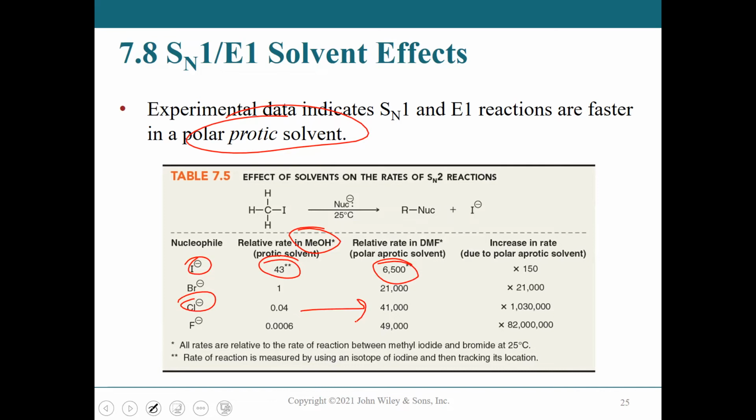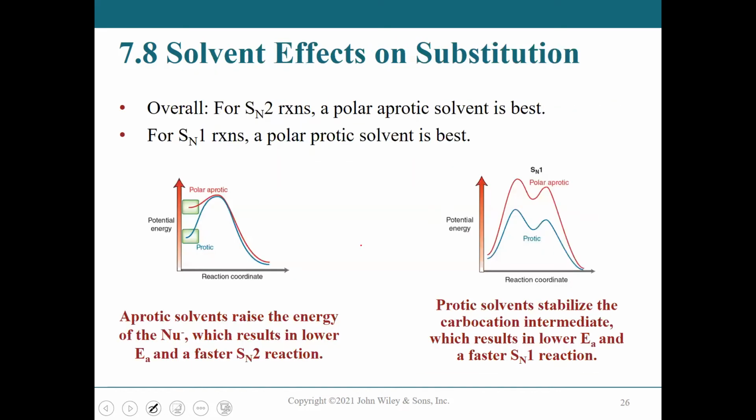Why is that? Remember, this one is an SN2 reaction. What I can see is that SN2 reactions prefer the polar aprotic solvents. For SN2 reaction, polar aprotic solvent is best. Sorry, I was just getting lost with this.